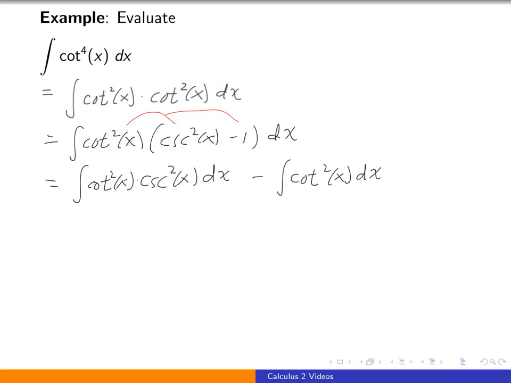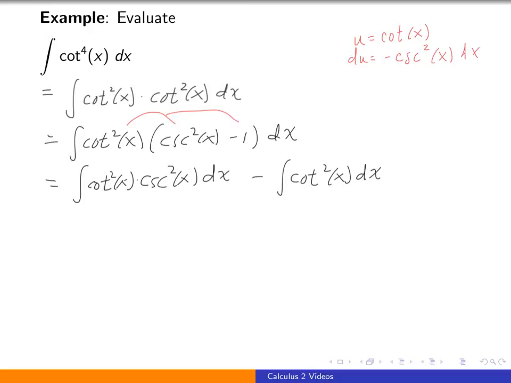And now that we've broken it up into two integrals, we can evaluate each of the integrals individually. So let's just begin with the first one. The observation I want to make here is that I know the derivative of cotangent is minus cosecant squared. So for that first integral, we're going to use a substitution. We are going to let u be equal to cotangent of x, so that du is minus cosecant squared.